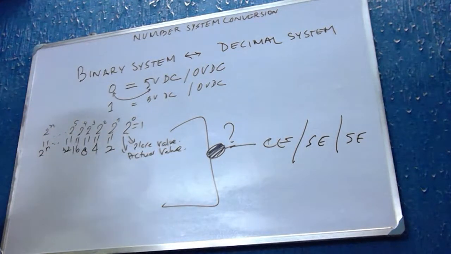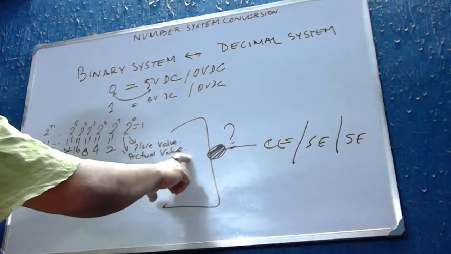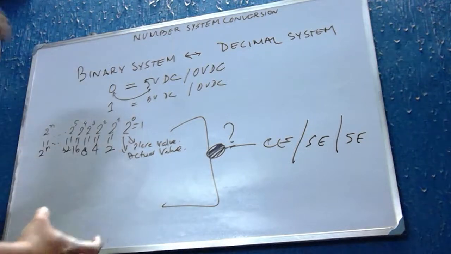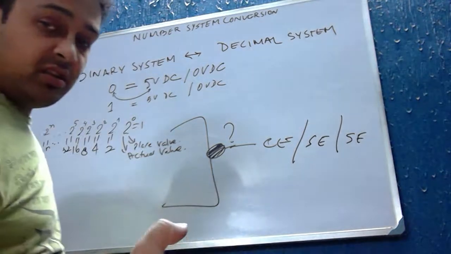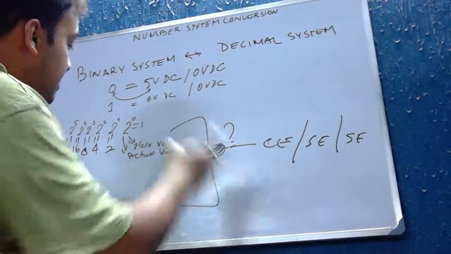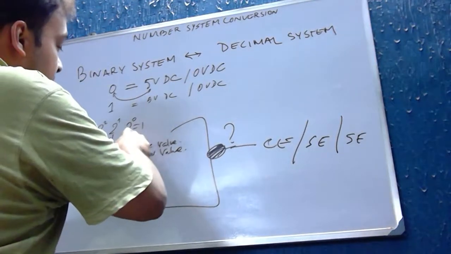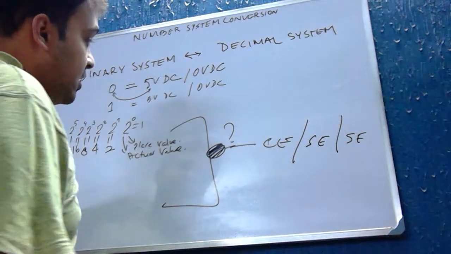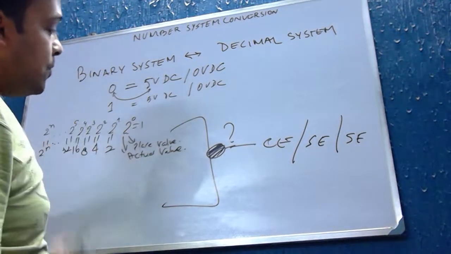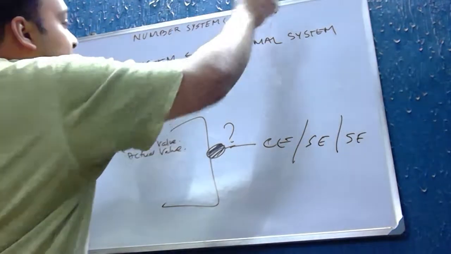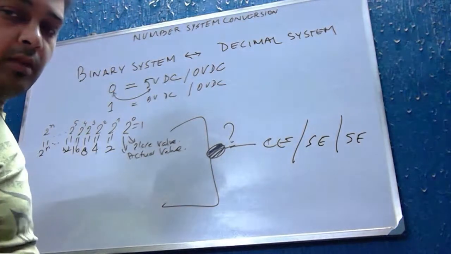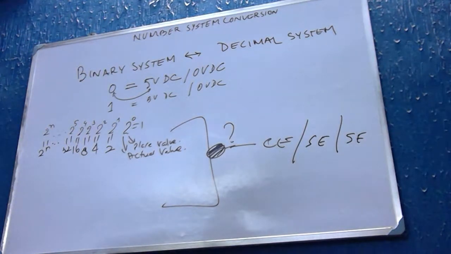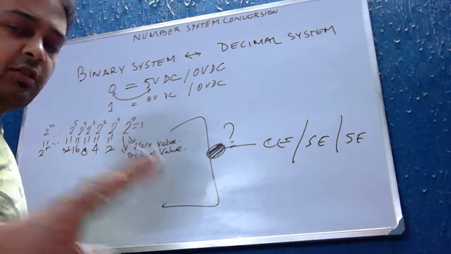So the actual value is nothing but the presence or the absence of this particular number in your decimal system. That is, whether 2 to the power 0 is there in your decimal number. If it is not there, it doesn't make any sense. You're just going to shun it off.